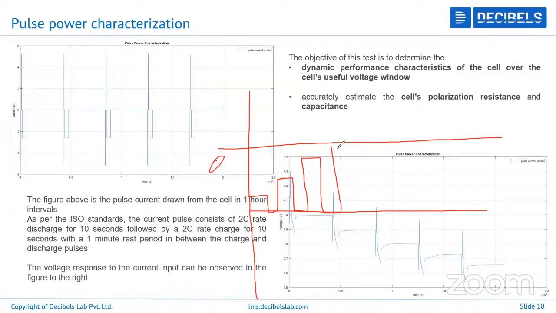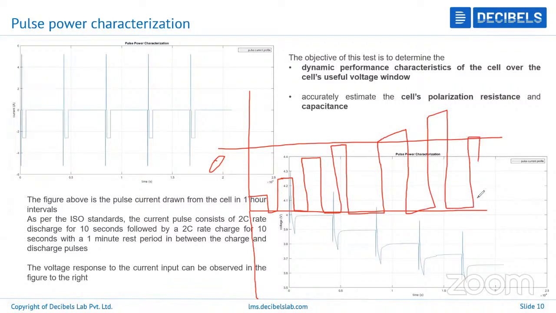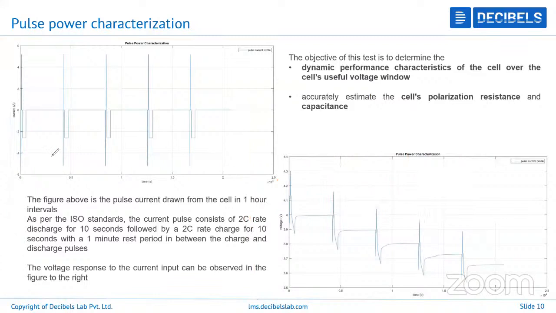No charging part, just the discharging part. It will continuously go on increasing like this, and then it will end at one point. So there are different ways in which pulse power characterization profiles can be given, and this is also just one of them. With this test, you're able to understand the internal parameters of the cell.